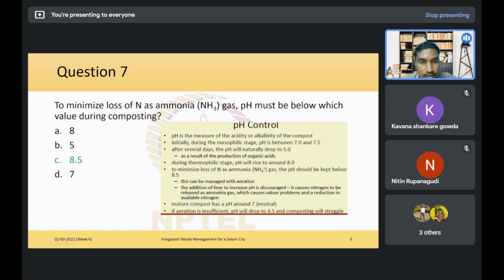Whereas some other process such as addition of lime will not help, because those will increase the pH of this waste or the digested sludge, which will only accelerate this process of losing nitrogen as ammonia, right? So that is the answer. It should not cross 8.5. Similarly, on the other side, it should not drop less than 4.5 as well. So there is a range of pH which is desirable during the composting process.